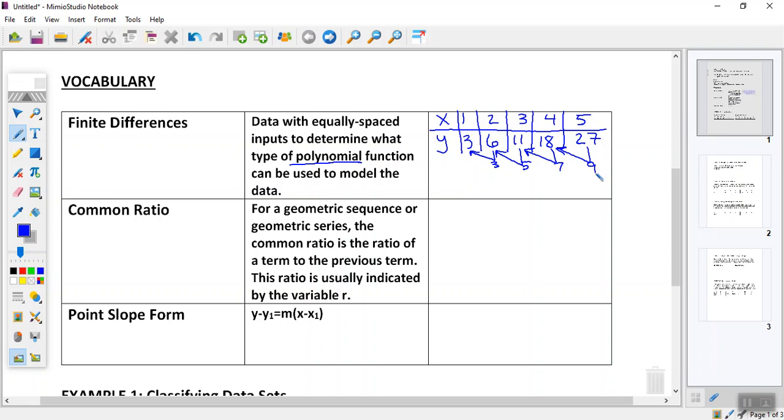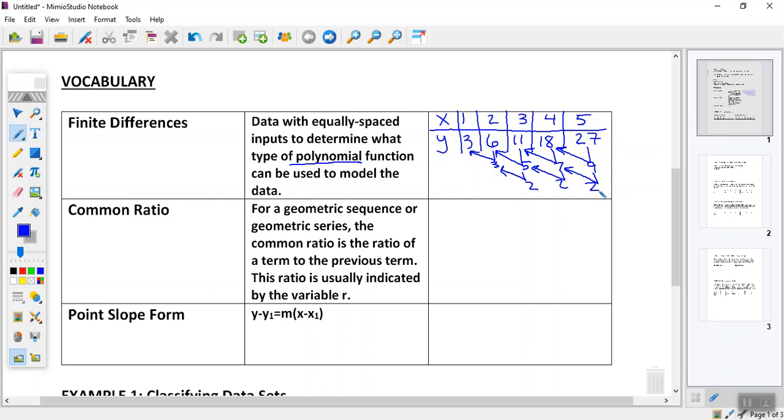So what we do is we look at a second row of finite differences, and we say this, kids. What's 5 minus 3? 7 minus 5. 9 minus 7. What do you notice about the differences in the second row? Since the differences are the same in the second row, we say this could be modeled by what degree of a function?